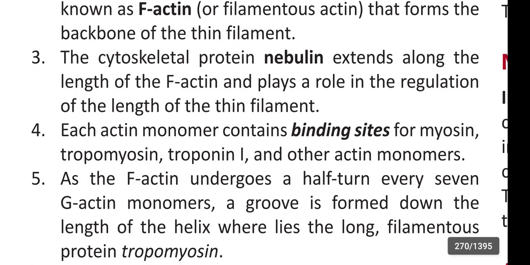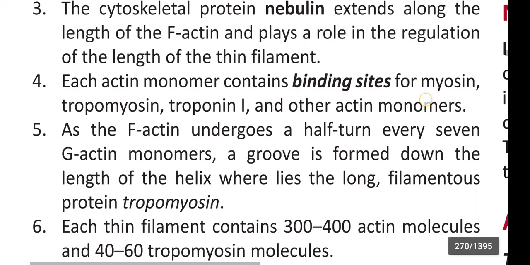The cytoskeletal protein nebulin extends along the length of the F-actin and plays a role in the regulation of the length of the thin filament. Each actin monomer contains binding sites for myosin, tropomyosin, troponin 1 and other actin monomers.